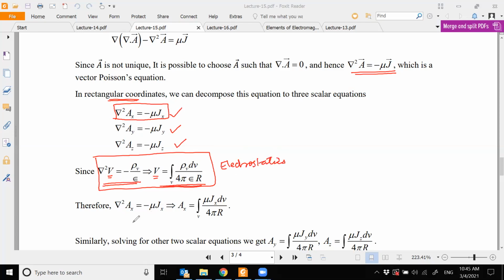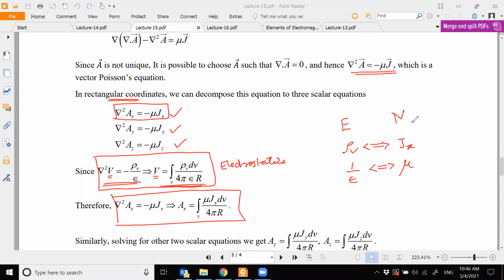So if this expression is giving me the solution of the potential in electrostatics, then can I use the same analogy? Can I say that in my magnetostatics, if del square AX is minus mu JX, then see here, rho V is replaced by JX and 1 over epsilon is replaced by mu. This is in electrostatics, this is in magnetostatics.